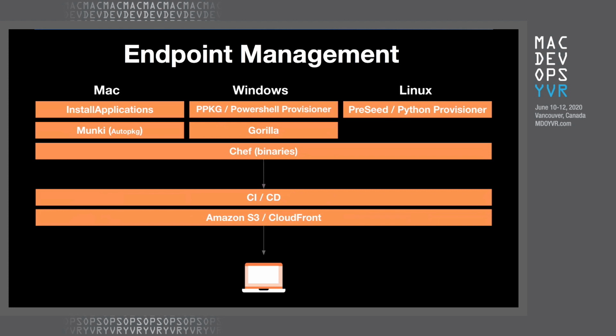And when someone lands something into the master branch, our CI/CD pipeline kicks off. It uploads that data to Amazon's S3, which updates CloudFront, and then devices within about 120 seconds can see that update. So it's pretty powerful, and it ensures that what we've written is what actually gets deployed, which is paramount when you're talking at our scale.